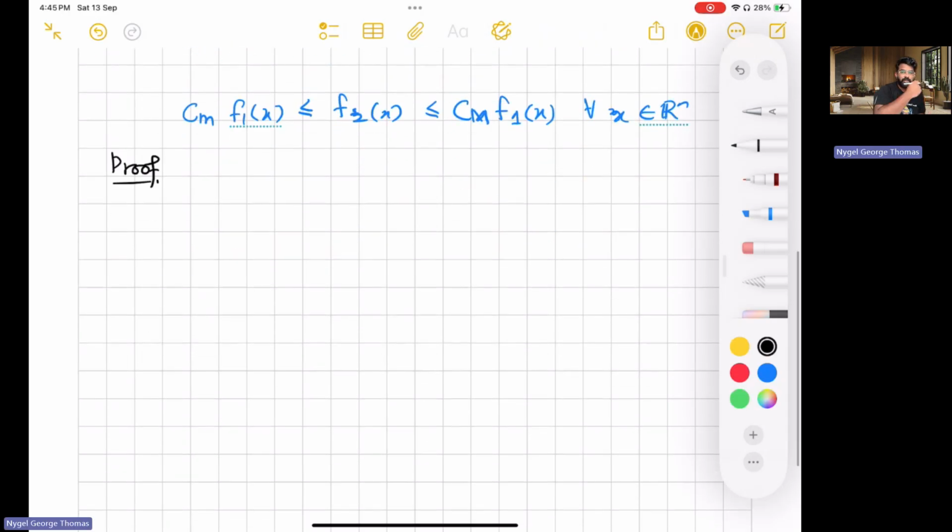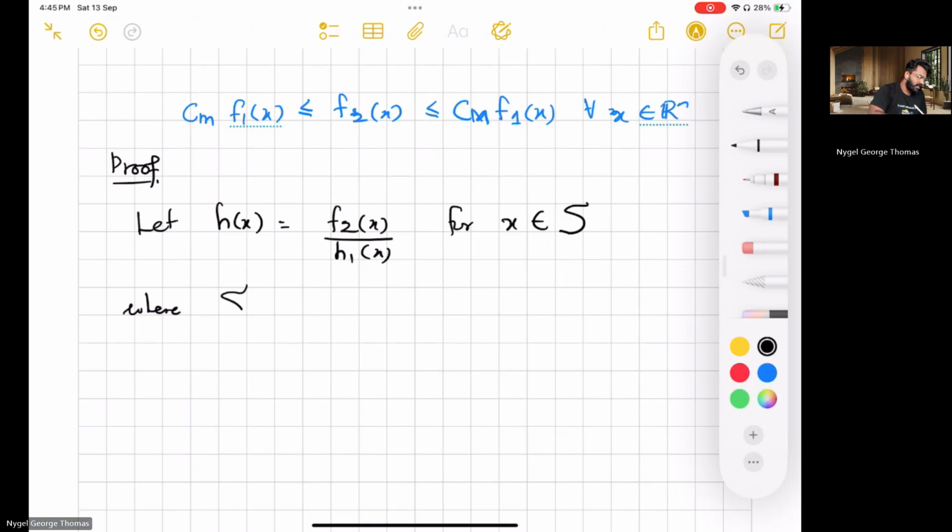This also uses a few results from real analysis. So we'll define a function h of x such that h of x is equal to f2 of x divided by f1 of x for x belonging to S. And S is something known as a compact set. S is the set of all x belonging to Rn such that norm of x with respect to the L2 norm is 1.